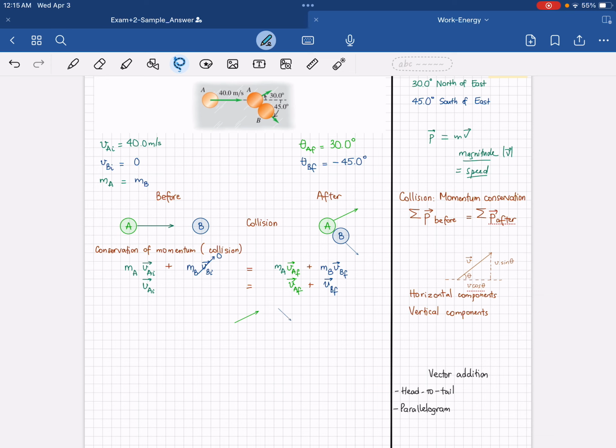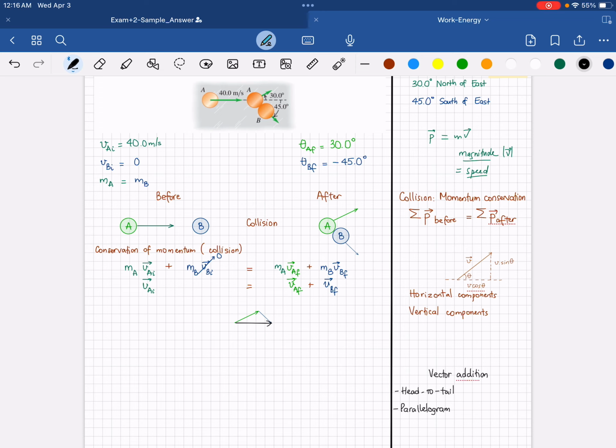Then we draw a vector from the tail of the first to the head of the second. That should be the resultant vector, the result of the vector addition.